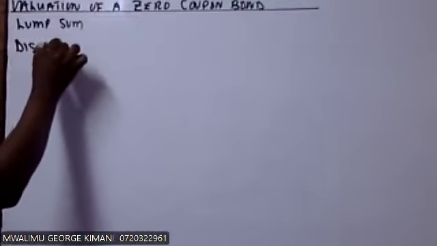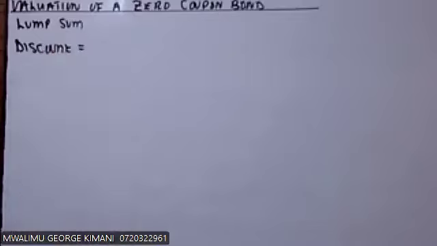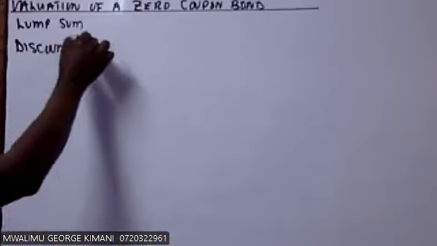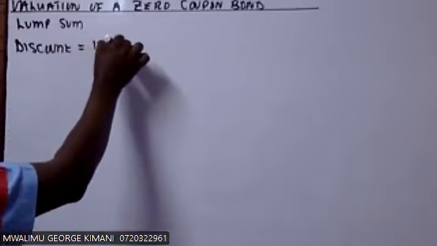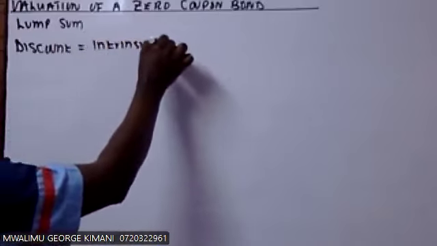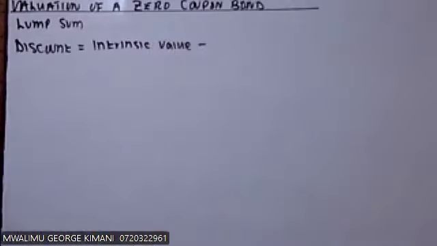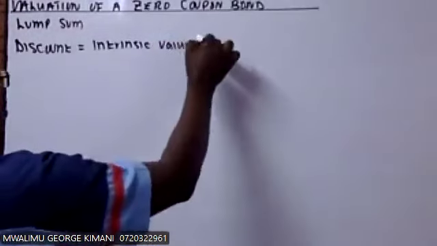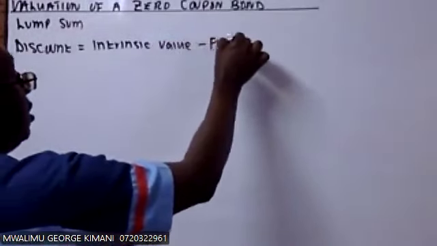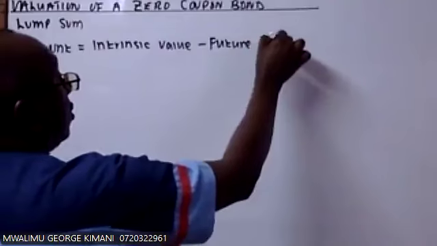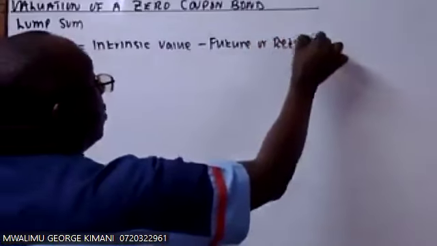Discount is equal to intrinsic value minus redemption or future value.